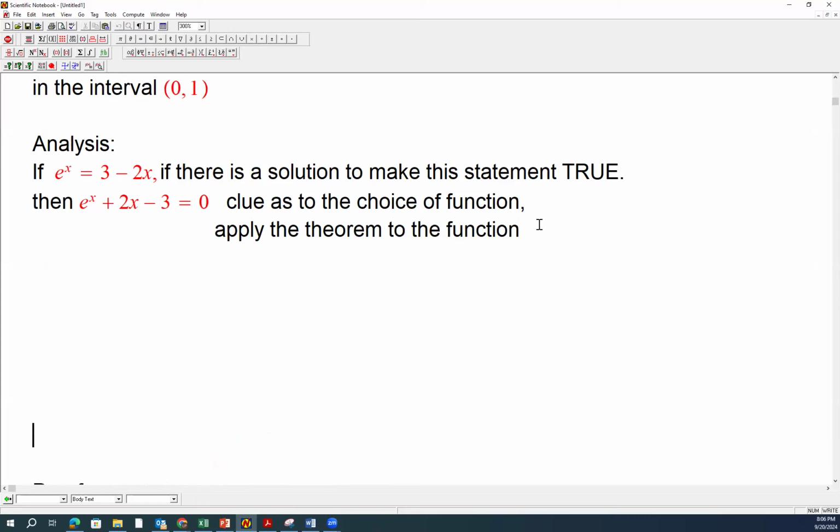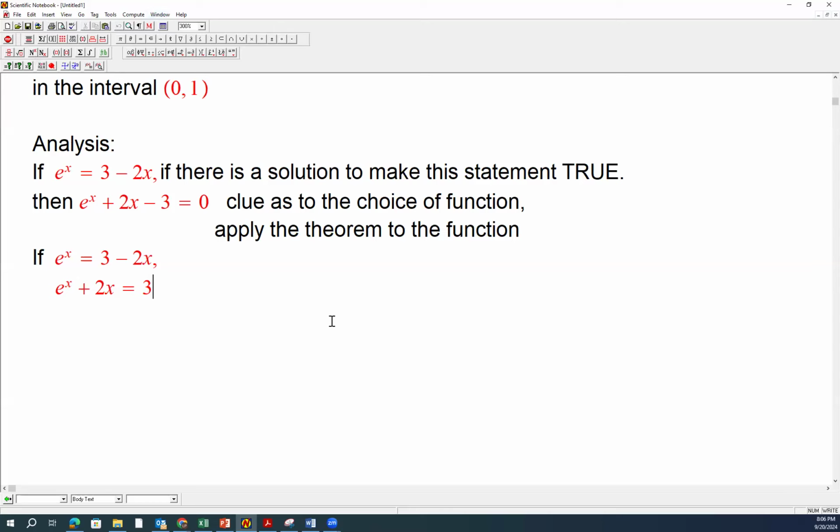the way I'm going to show you is not the only way. For example, you can write it this way: if this is true, you could get e to the power x plus 2x equal to 3.